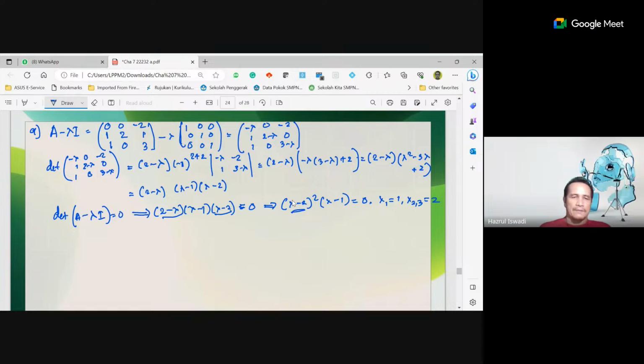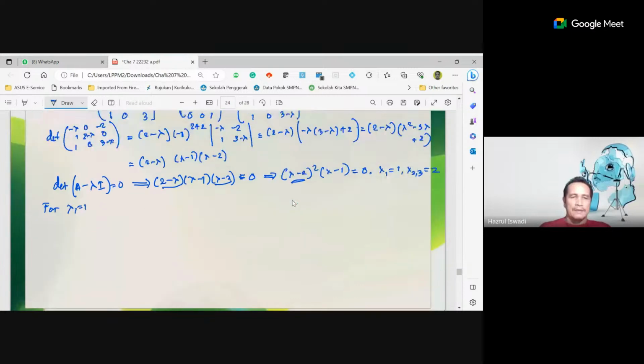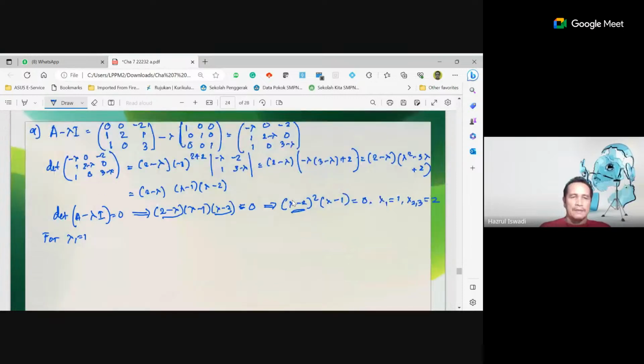So we already found the eigenvalues. After we get the eigenvalues, we must calculate the eigenvectors. For lambda 1 equal to 1, we must find the eigenvectors using the equation (A minus lambda I) multiplied by x equal to 0.